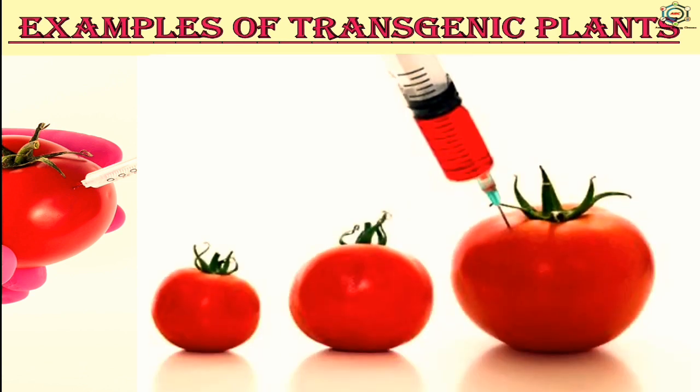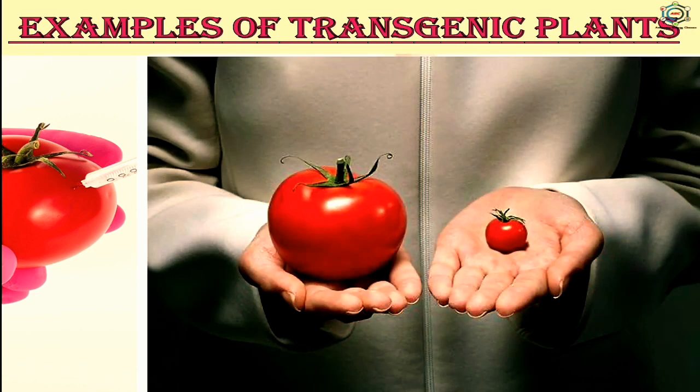Now, tomato. Tomatoes which exhibit delayed ripening have been produced by using the gene for ACC deaminase. These transgenic tomatoes are called Flavr Savr tomatoes, which carry an artificial gene that gets transcribed into an antisense RNA.